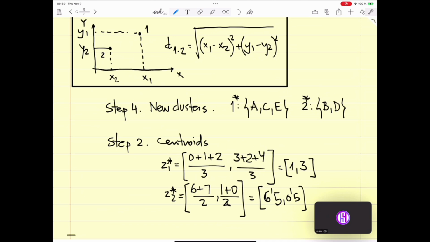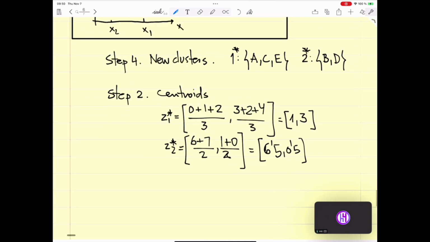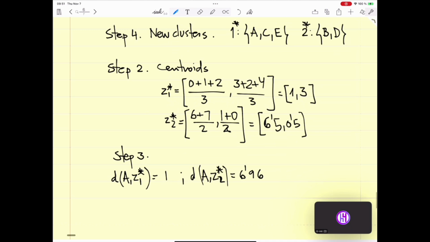Okay? So now we go and say, okay, step number 3. The distances between A and Z1 star is 1. The distance between A and Z2 star is 6.96. The distance between B and Z1 star is 5.38.